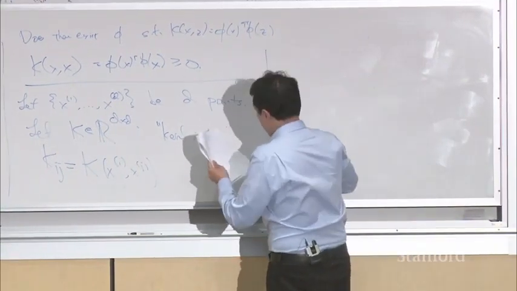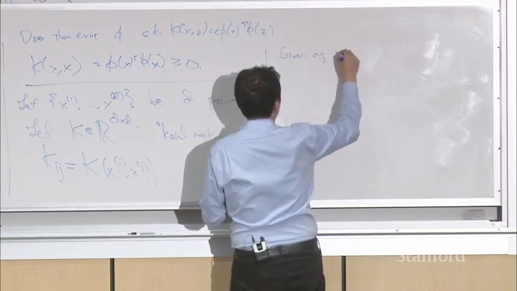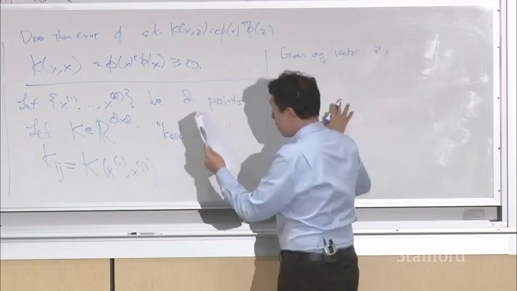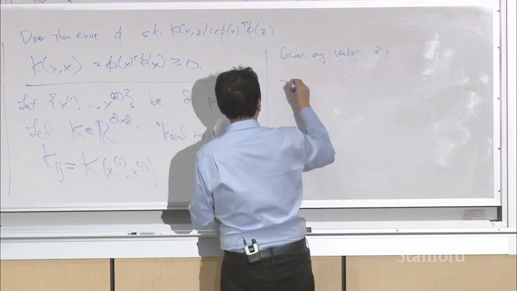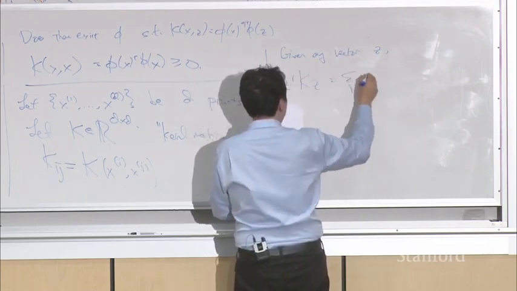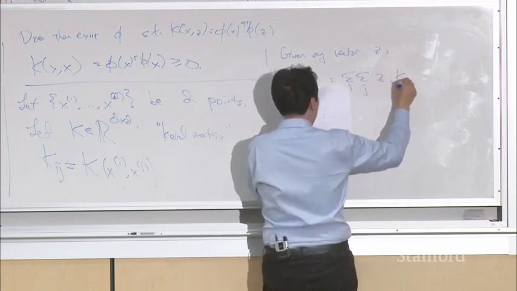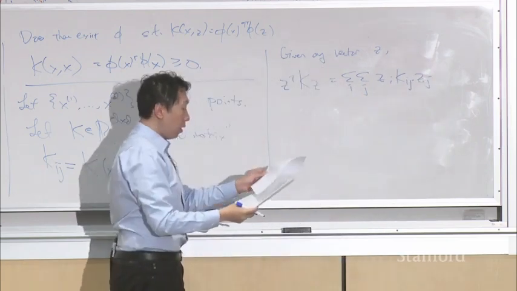So it turns out that given any vector z, and I think you've seen something similar to this in problem set 1, z transpose kz, which is the sum over i, sum over j, zi kij zj, right?